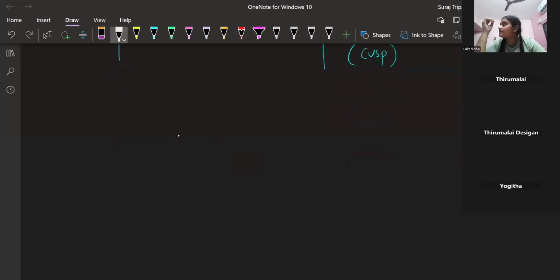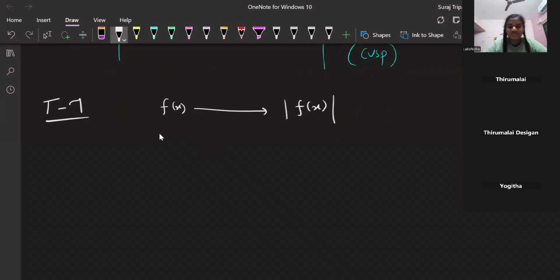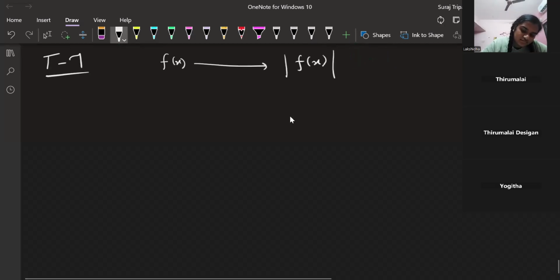Now next transformation. Transformation 7. Here I will be putting mod on the entire function. So f of x goes to mod of f of x.